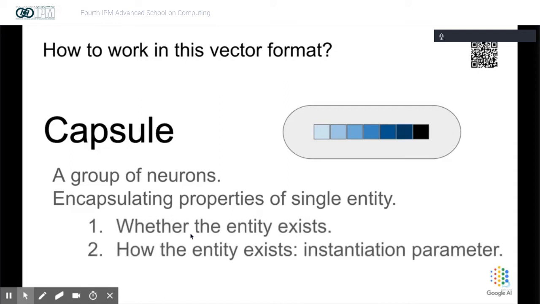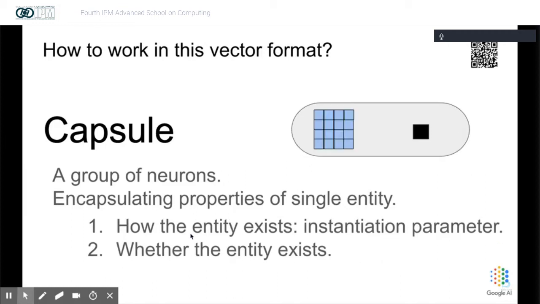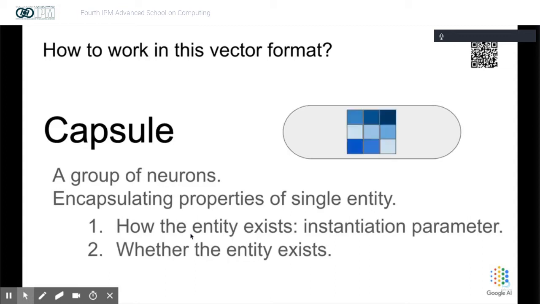It can be just 6 neurons together viewed as a vector, or 17 neurons together like that, or 9 neurons together viewed as a matrix. The core concept is that they should all be semantically grouped with each other.